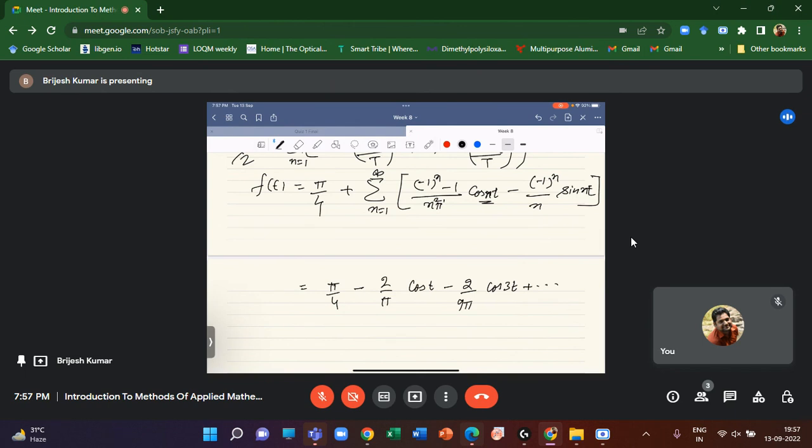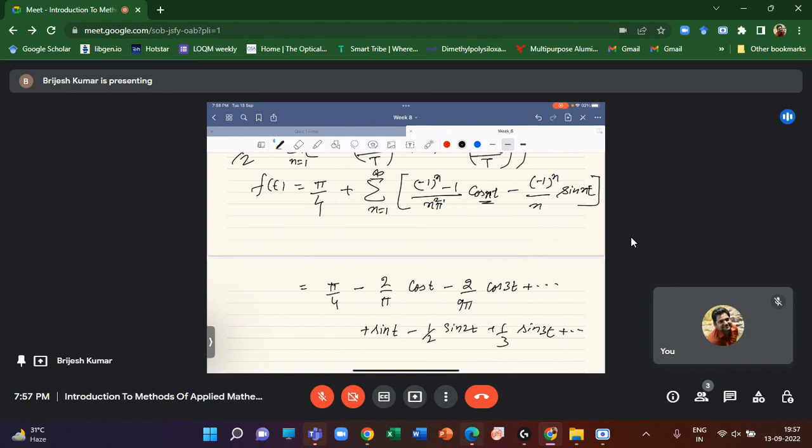Similarly, the sine term will come plus sine t minus half sine 2t plus 1 by 3 sine 3t.